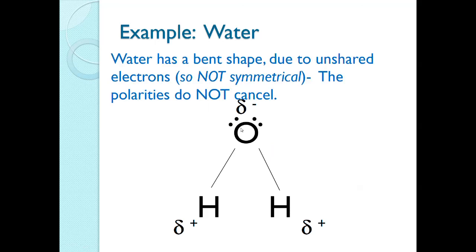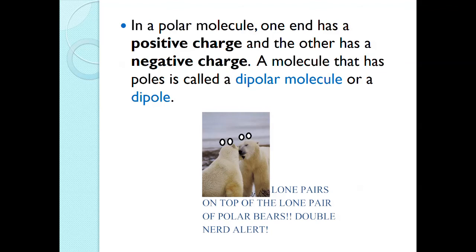Okay, so water has a bent shape due to its unshared electrons, and because of that it is not symmetrical, and the polarities do not cancel. So that means we have a polar molecule. Okay, and then in a polar molecule, one end has a positive charge and the other has a negative charge.